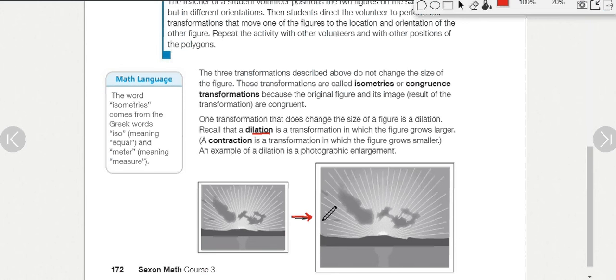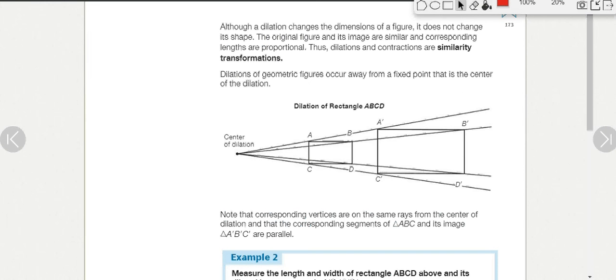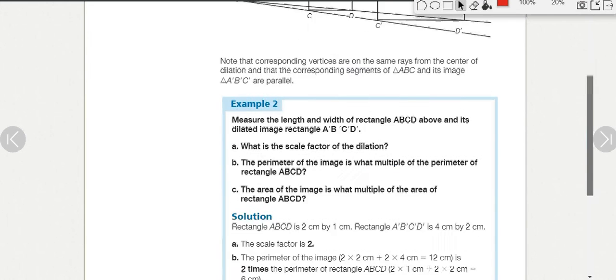We didn't so much change the way it's oriented or located, but just made it bigger, right? And a contraction, which I see a little bit less, would mean going this way, making it smaller. Dilation and contraction, make it bigger, make it smaller. These are called similarity transformations because the measures have changed, the dimensions have changed.